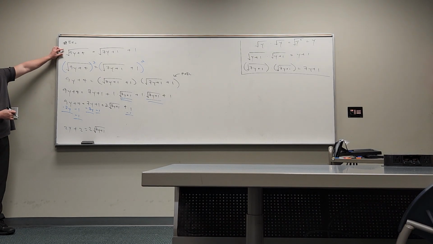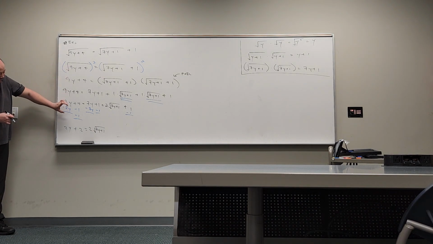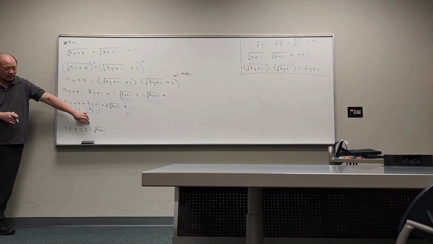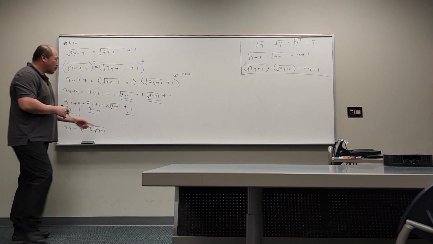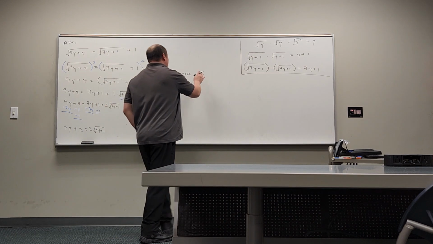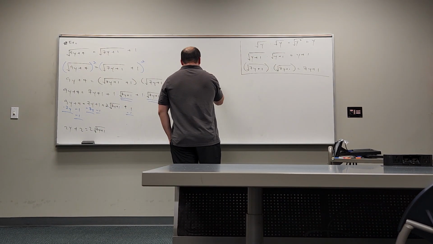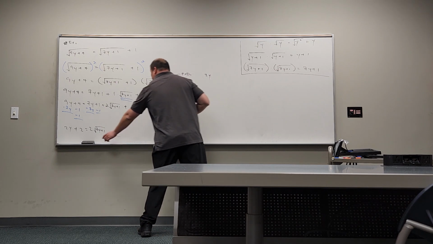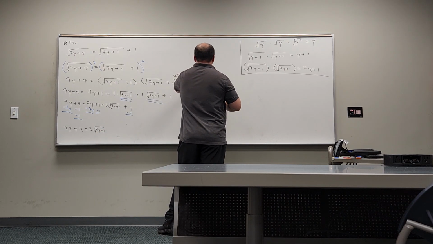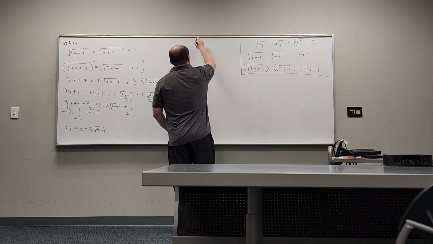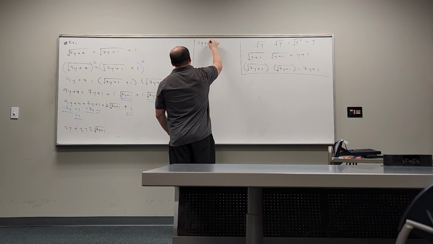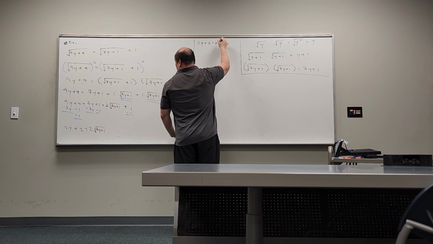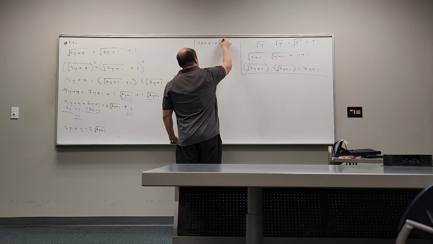So now this crazy problem has become a little bit more manageable, right? A little bit more. So let me bring this over here, I'm gonna finish the problem here. 2y, let me put it on the top. 2y plus 2 equals 2 radical 7y plus 1.